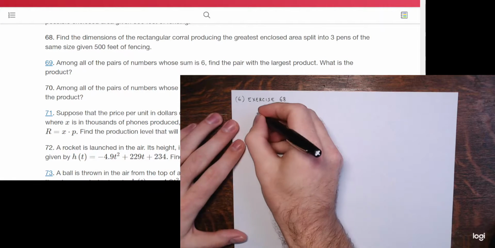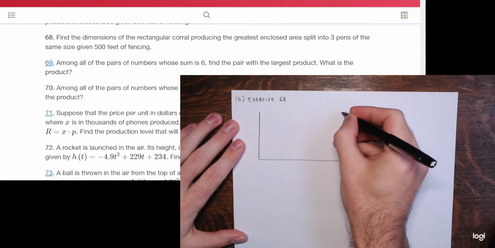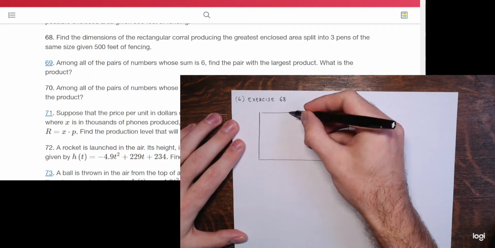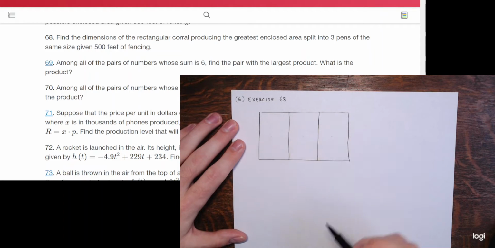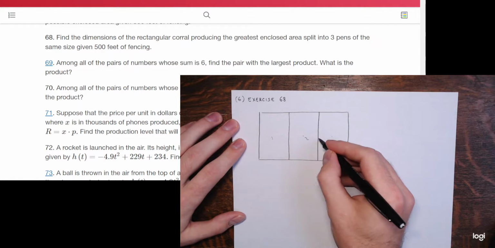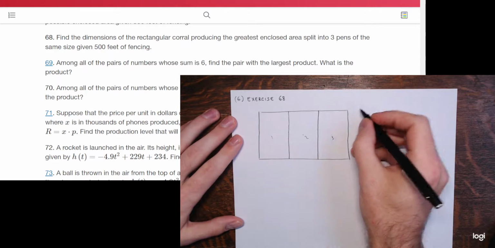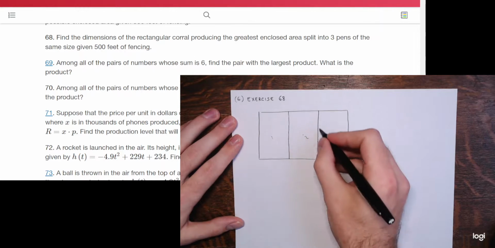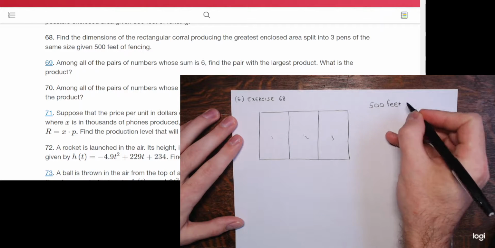So here's what's happening now. I'm making a rectangle, a corral, but it's broken up into 3 pens, all the same size: pen 1, pen 2, pen 3. And all these little segments I drew, all the black lines, add up to 500 feet. We only have 500 feet of fencing.